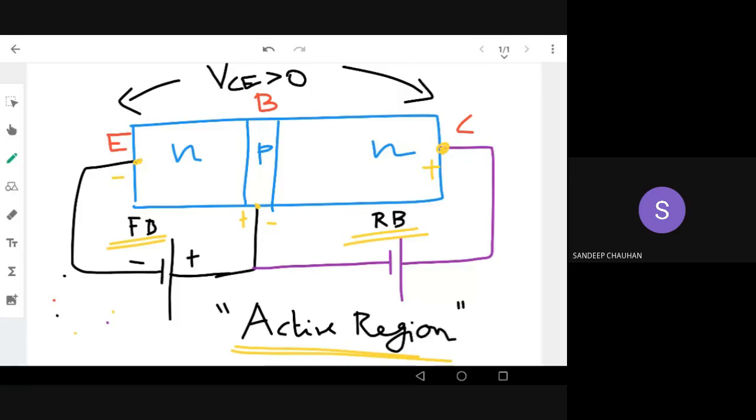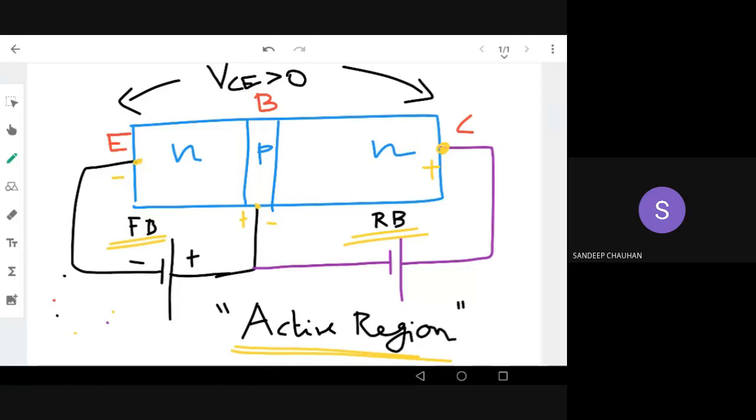For almost all amplifier applications, we need active biasing. So this is a standard in all questions. If someone asks what the region of operation of a transistor is while it is operating as an amplifier, it is the active region. So what is the active region? Emitter-base junction forward biased and collector-base junction reverse biased.